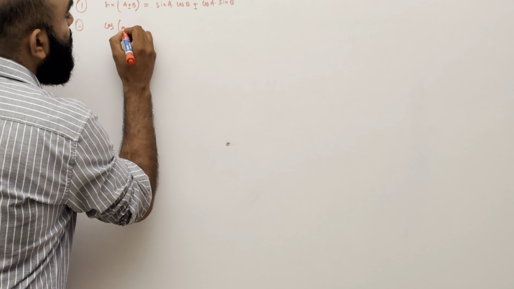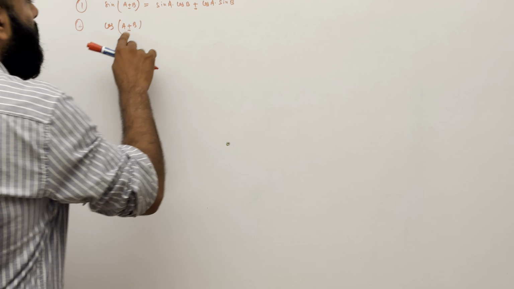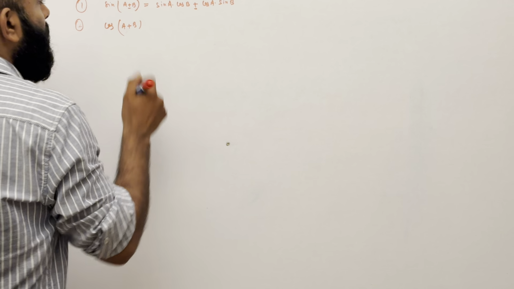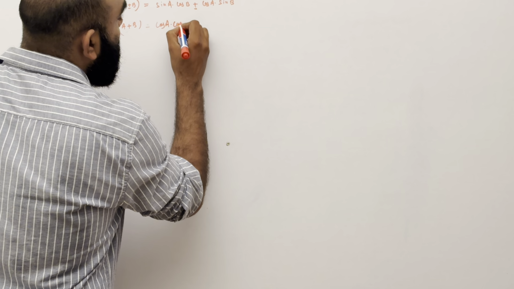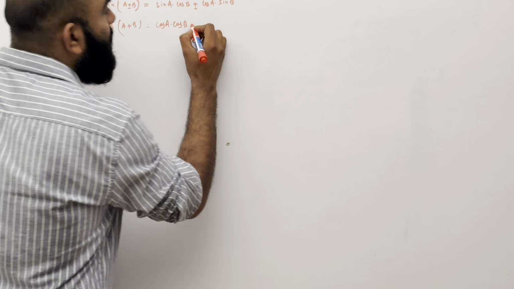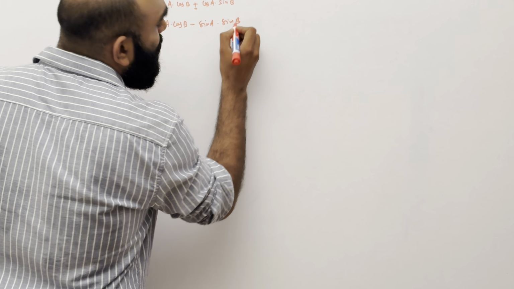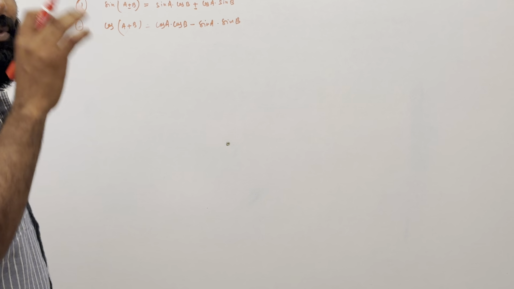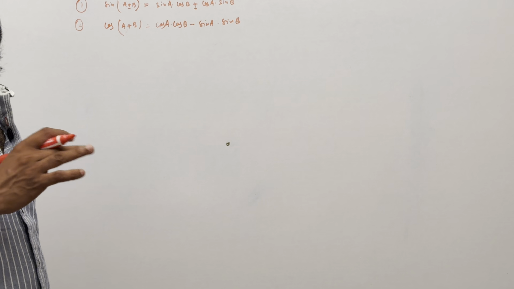Second one, cos of a plus b. So we write cos a cos b, and if it is plus here, it will come minus sine a sine b. I'm not writing all the formulas, but a few formulas we require before we start.